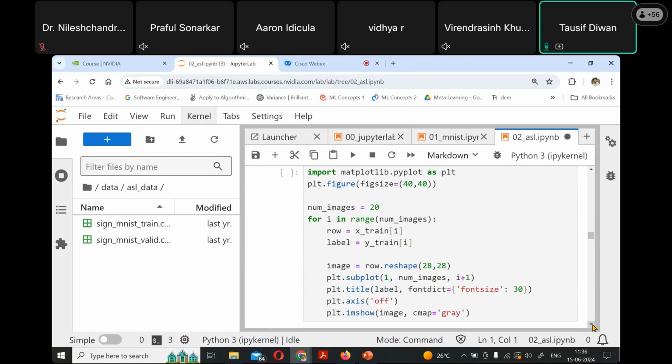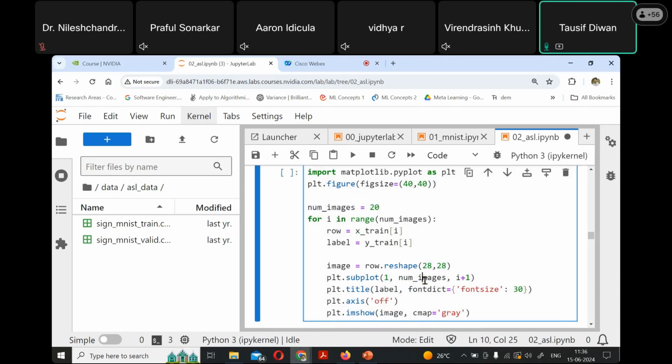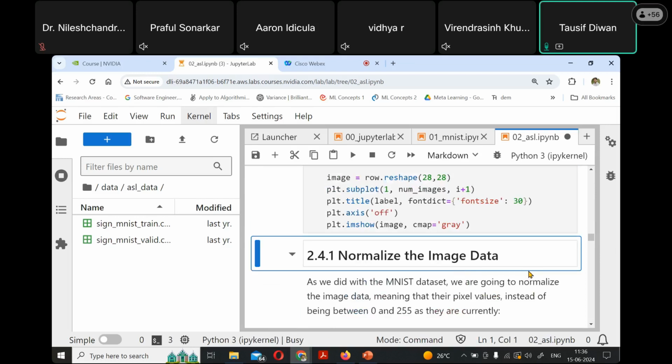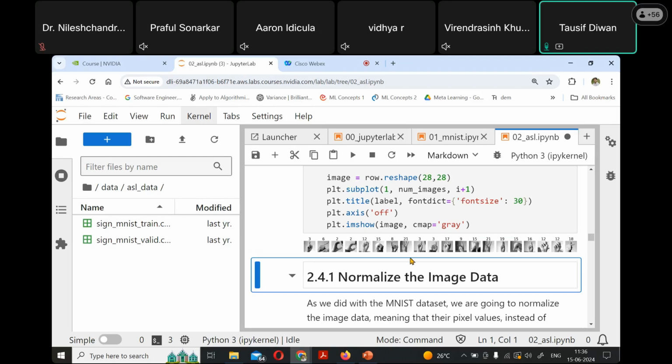Now we can visualize the data with the help of the matplotlib library. Here we are printing some 20 images along with their labels. So just run this cell. Here you can see some images along with the labels. The labels are printed in terms of indices. Here A, B, C are not printed. The indices of those labels are printed.